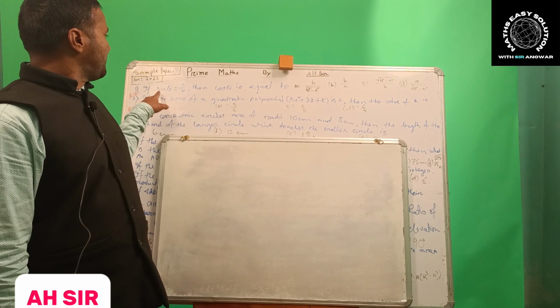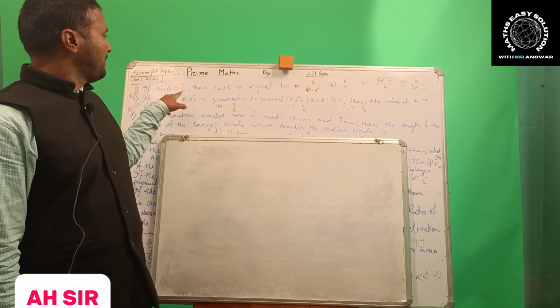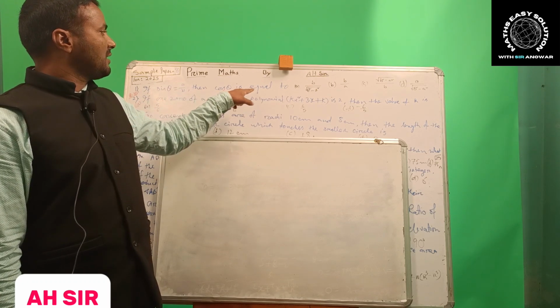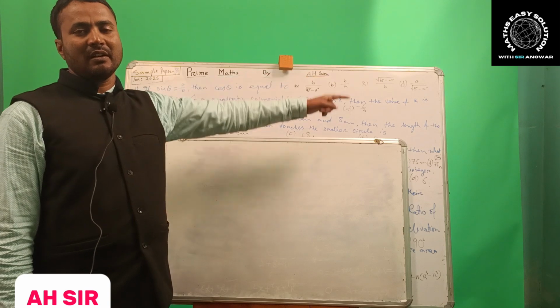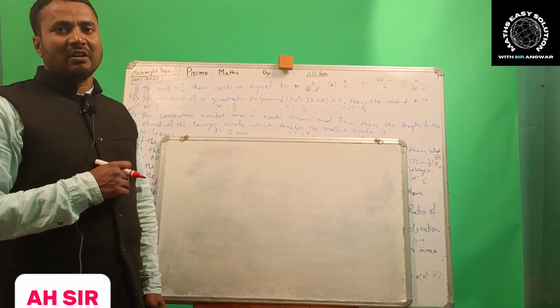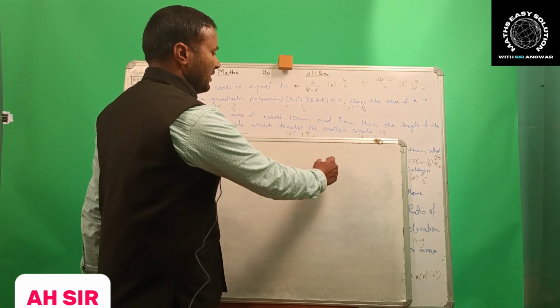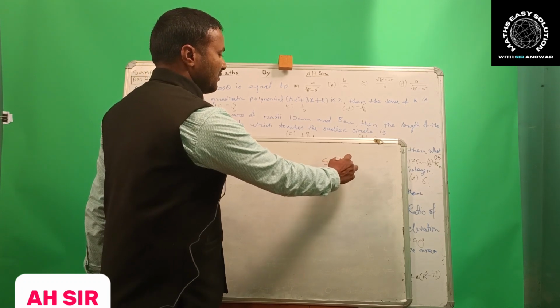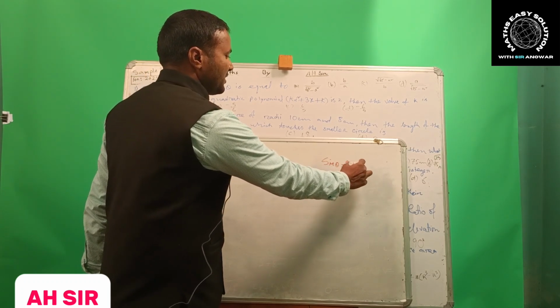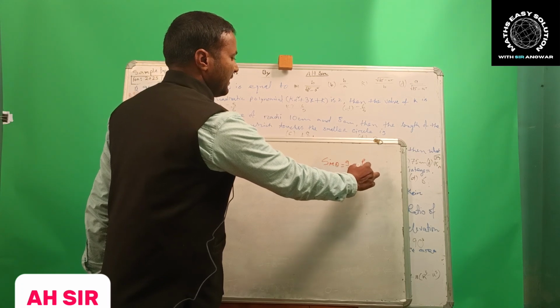See here, if sin theta equal to a by b, then cos theta is equal to which option is correct? As you know the fundamental relation of trigonometry, sin theta equal to a by b is given, which is equal to p by h.